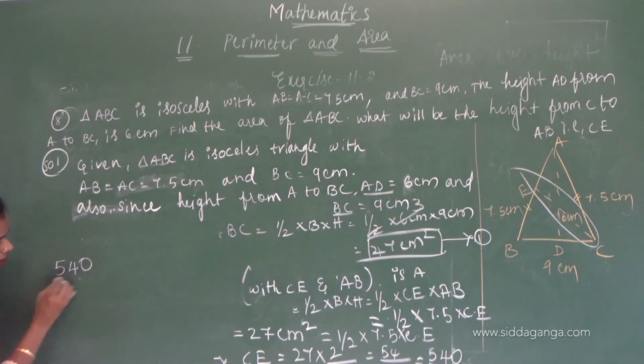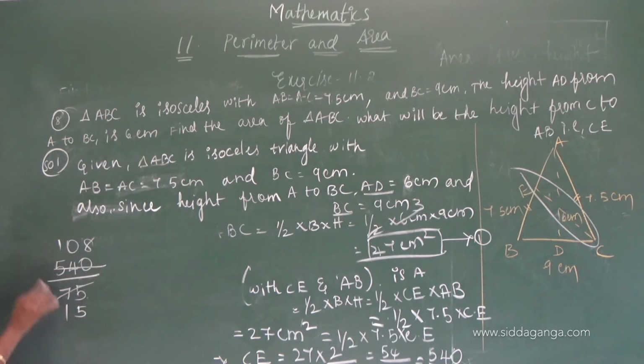540 divided by 75. Okay, I am taking cancellation with 5. One twos are, one fives are, 15.